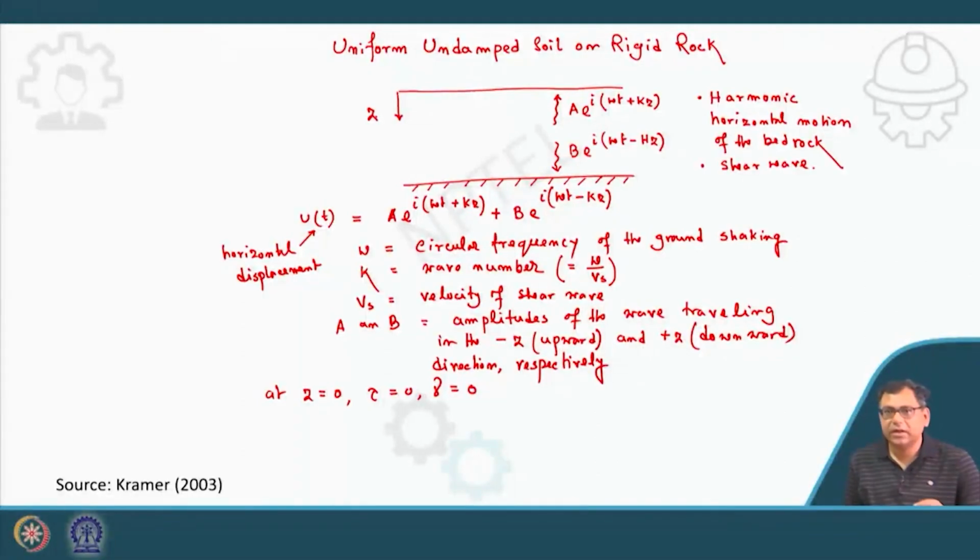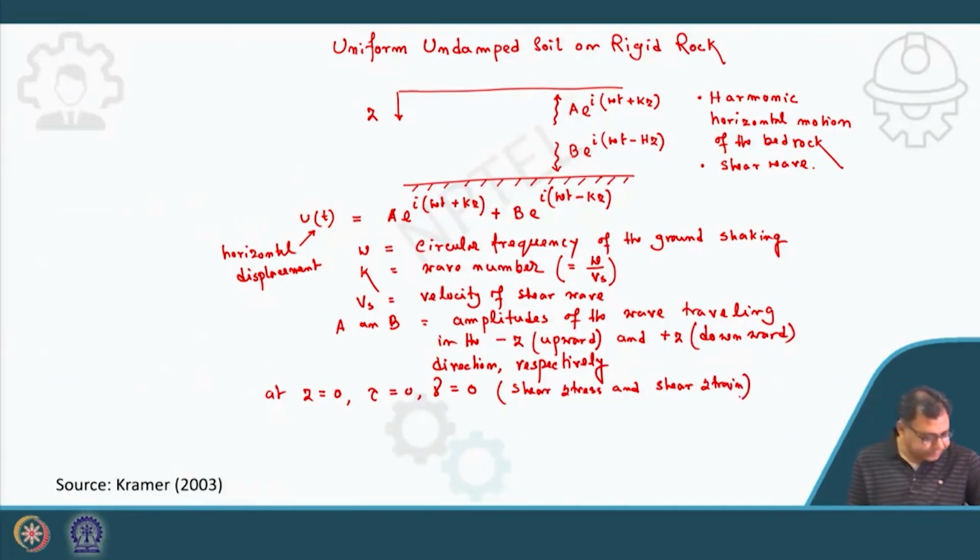get the shear strain, and if I know the shear modulus, I multiply it with the shear strain and I will get the shear stress. Okay. So, now if my shear stress is equal to 0, the shear strain will also be equal to 0. Clear?